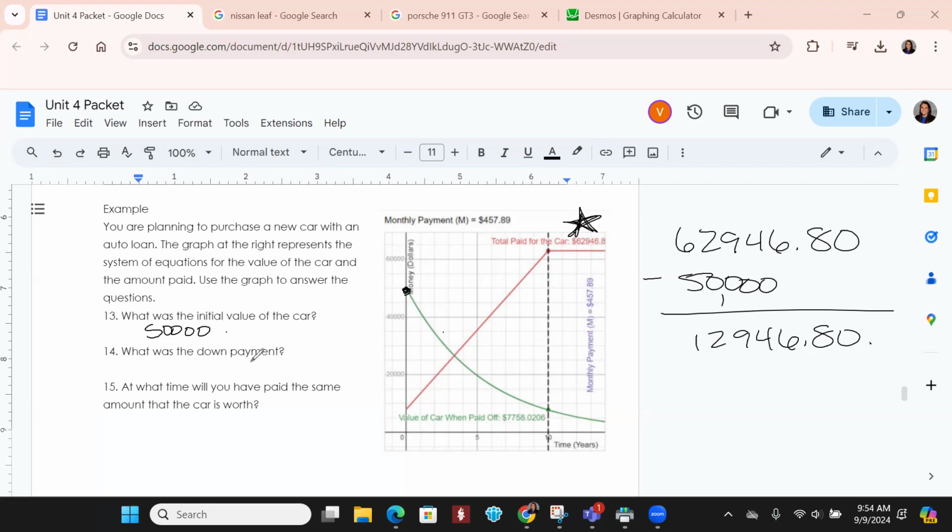We're trying to figure out what the down payment was. I'm not understanding where they get 54,000 from.